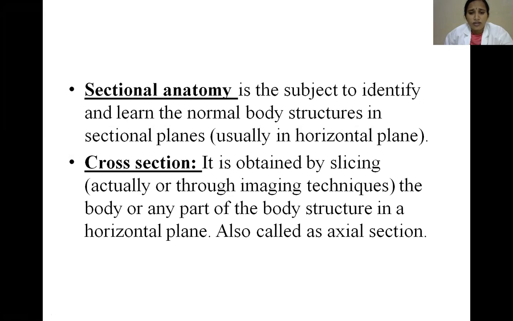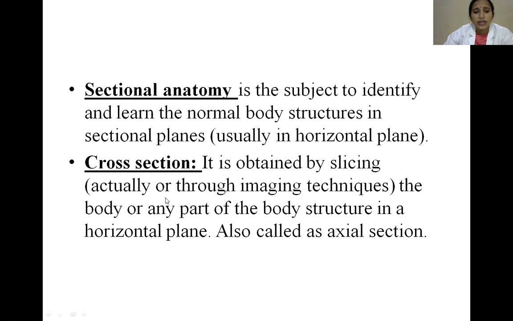So what is this cross section? It is obtained by slicing the body or any part of a body structure in a horizontal way. As I told you earlier, we will slice the body or any part of the body structure either through a gross section or through an imaging technique.